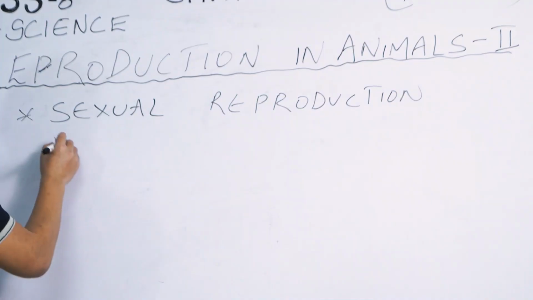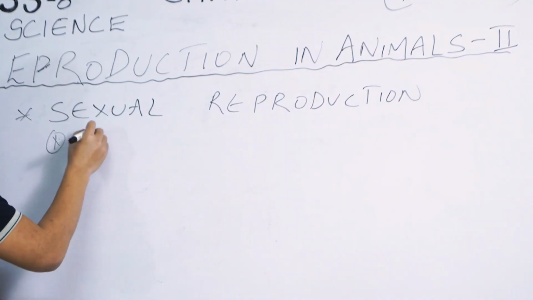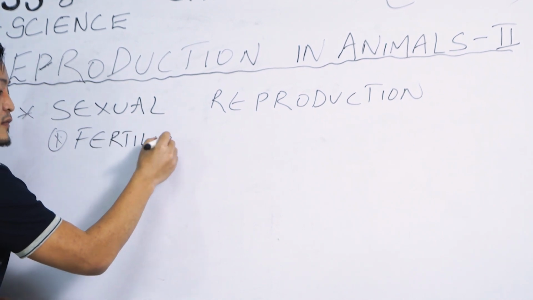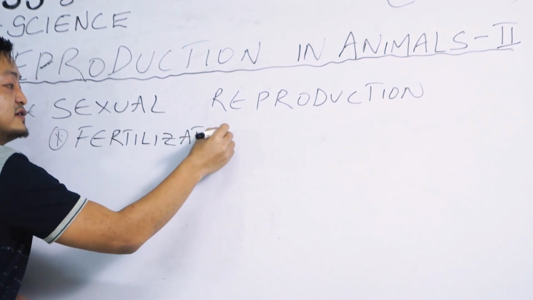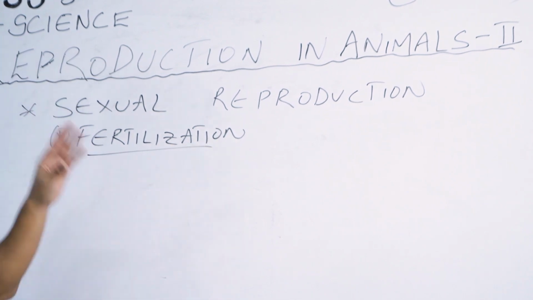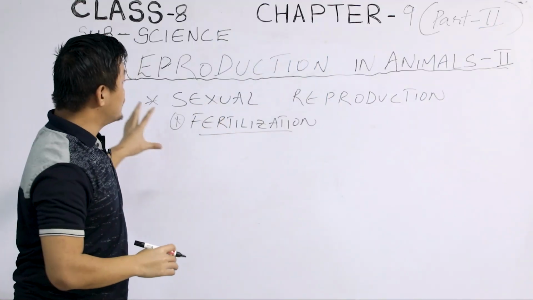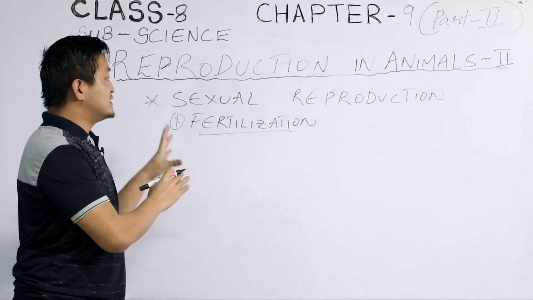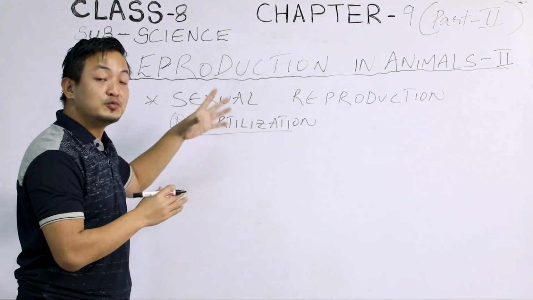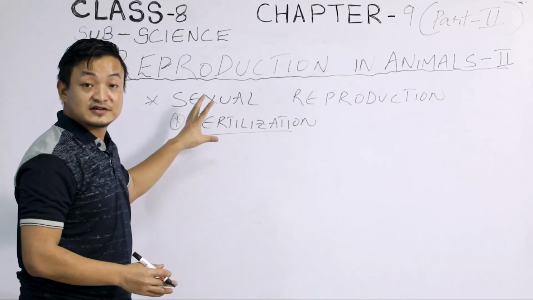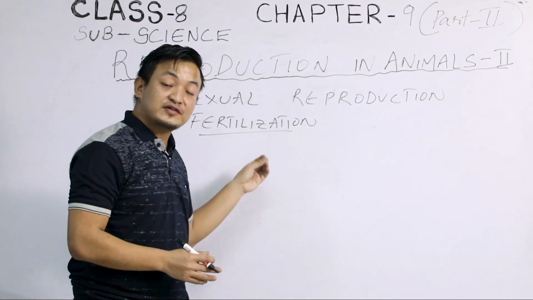We have also finished fertilization. Fertilization is the first step in reproduction, and we are discussing sexual reproduction in human beings. So what happens in fertilization?